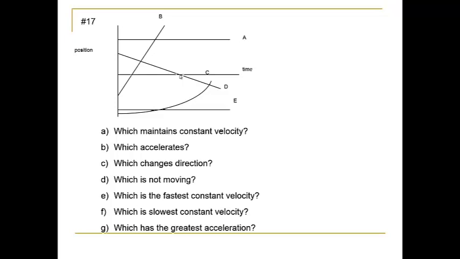For fastest constant velocity, you're looking for the steepest slope, which would be B. For F, again, you're looking at which is the slowest constant velocity. Again, slowest non-zero constant velocity, so that would be D, because it is the flattest line that's not a straight horizontal. And then which one has the greatest acceleration? That would be C, because it is the only one that is accelerating.